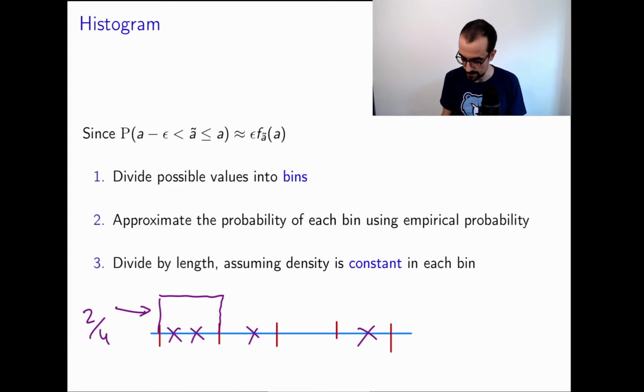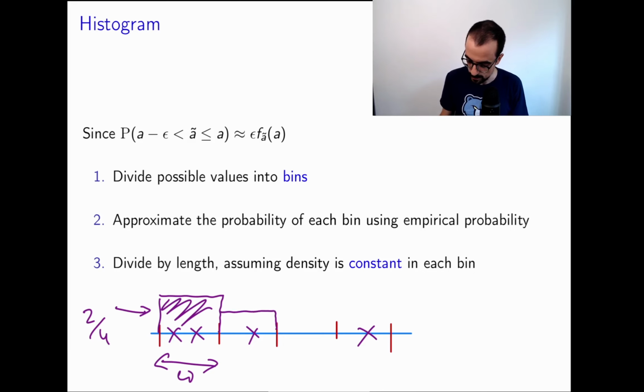And let's say that the width here is W. Then the density here, I'm going to approximate as 1/2 divided by W. Here, there's just 1 point. The empirical probability is 1/4. Here, the density is going to be 1 divided by 4W. And here, the same thing because there's just 1 point.